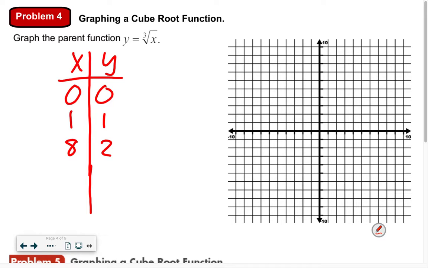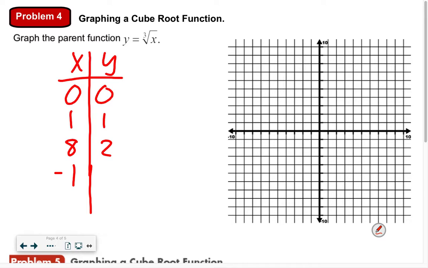Can I have negative y's? So like the last one, can I take the square root of a negative? No. Can I take the cube root of a negative? You can with the 3, yeah. So what if we did negative 1? What's the cube root of negative 1?